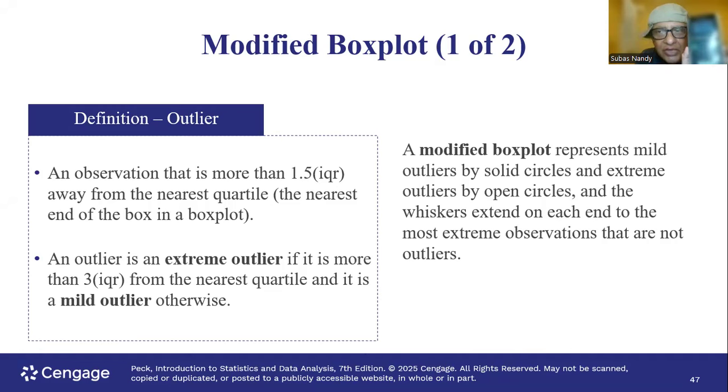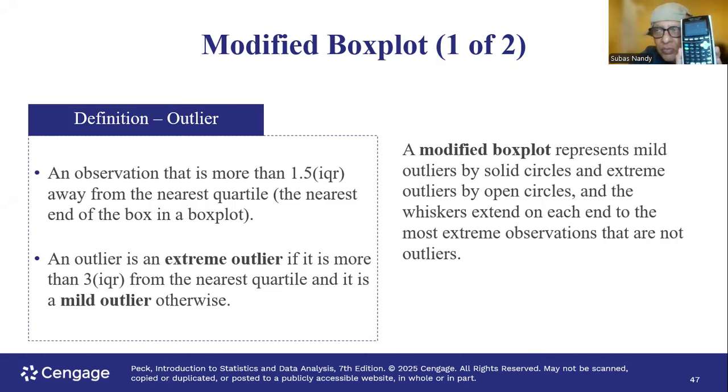If you remember from the last PowerPoint, it is Q3 minus Q1, or the width of the box, the range of the middle 50% of the data. Multiply that by 1.5.